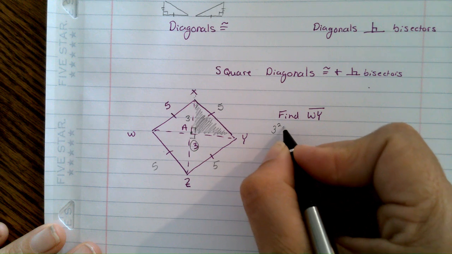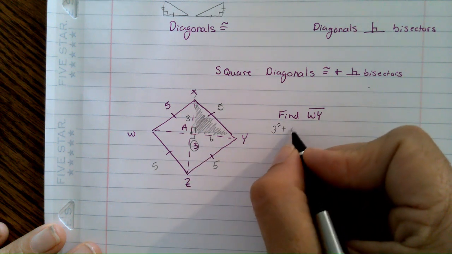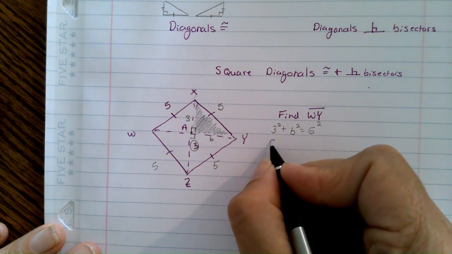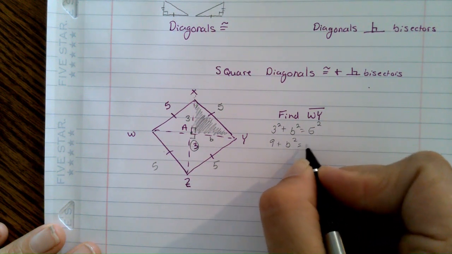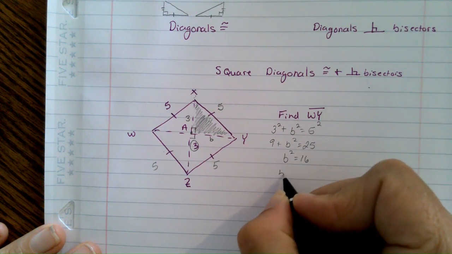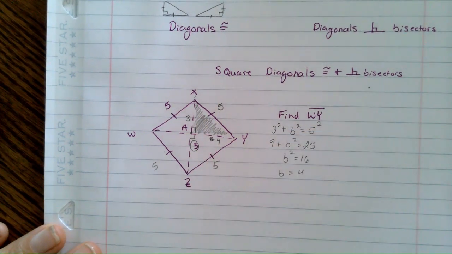So 3 squared plus, I'm going to call this B, because there's no B's in here, plus B squared equals 5 squared. So 9 plus B squared equals 25. So B squared is 16, so B is 4.